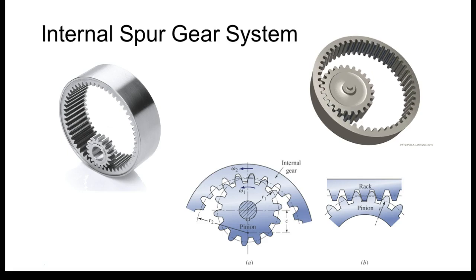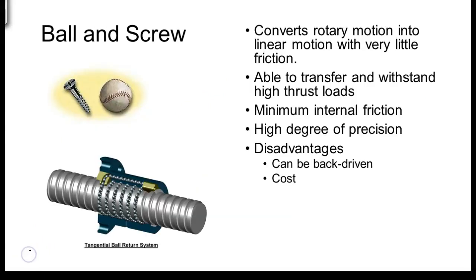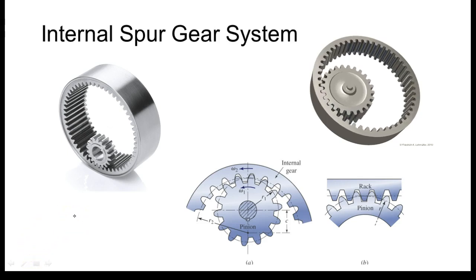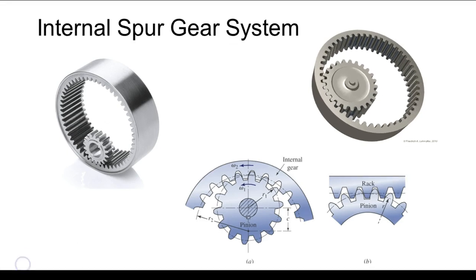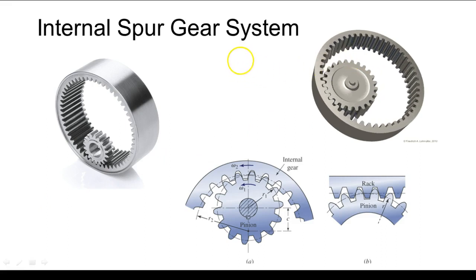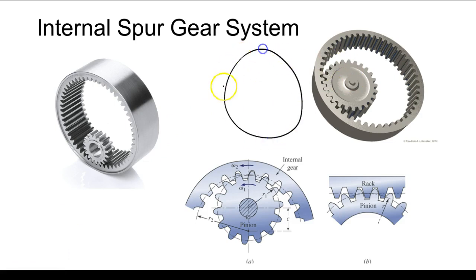If I was to take this same gear ratio and come up here, it usually doesn't do this. So if I was to take these same two gears and come up here and put them together, okay, you understand that? So the advantage of an internal spur is that it takes up a lot less space.